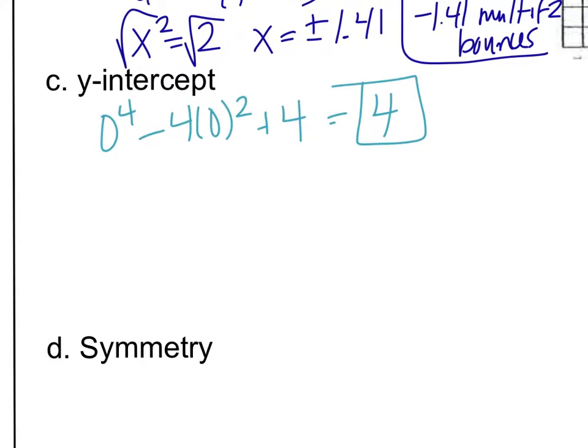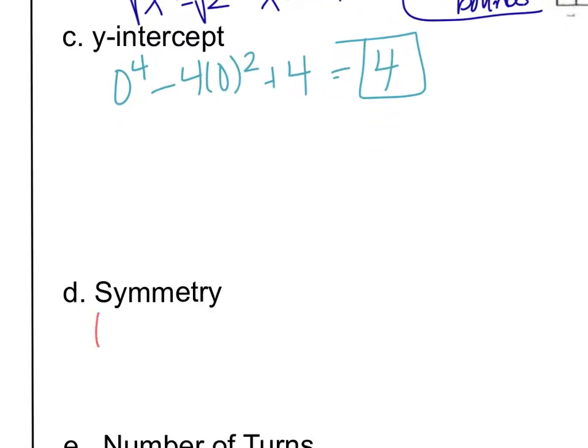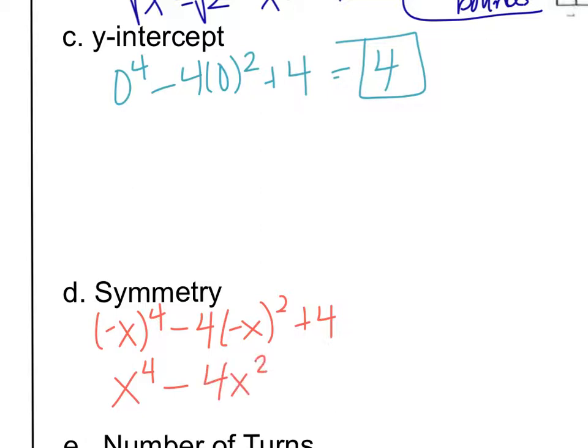For the symmetry, we're going to plug in negative x. So it's going to be negative x to the 4th minus 4 times negative x squared plus 4. Negative x to the 4th is just going to turn out as x to the 4th. It's even, so it becomes positive. Minus negative x squared is also just going to stay x squared plus 4.